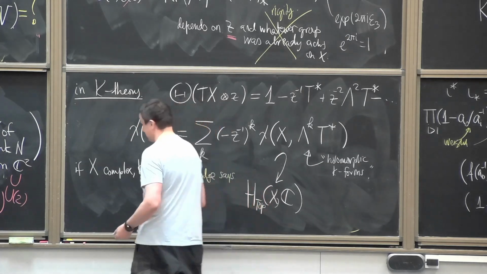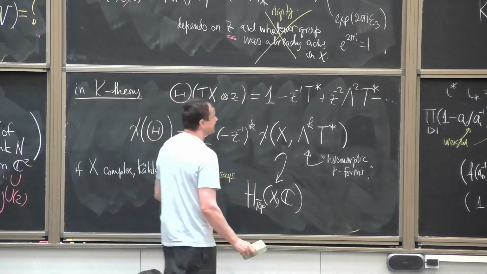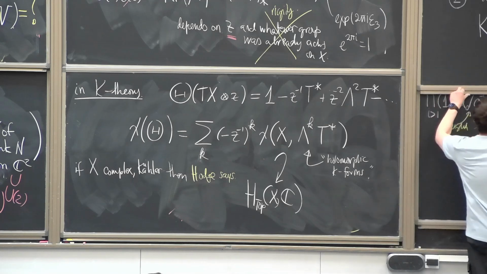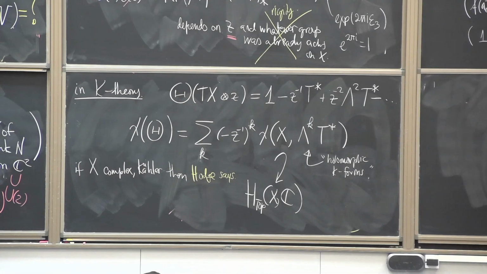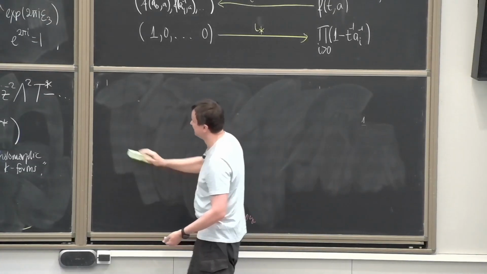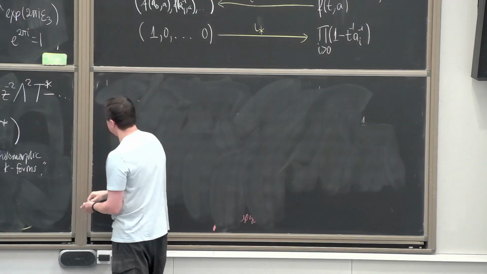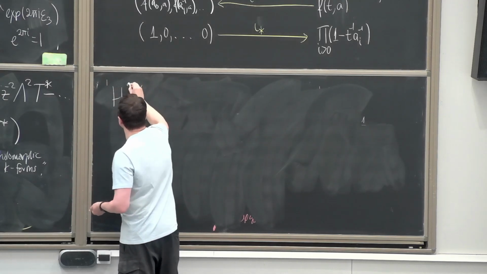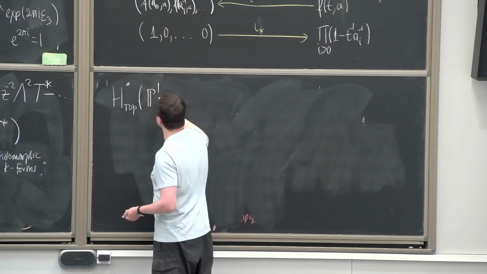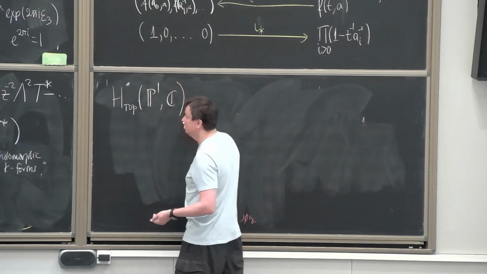Example. Sorry, let's just do an example. If I take the ordinary topological cohomology of P1 with C coefficients, that would be what?